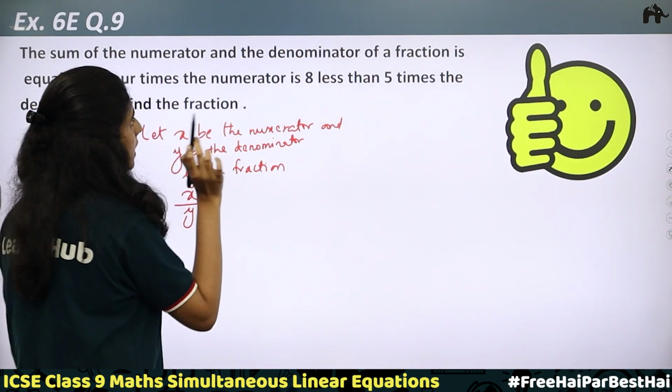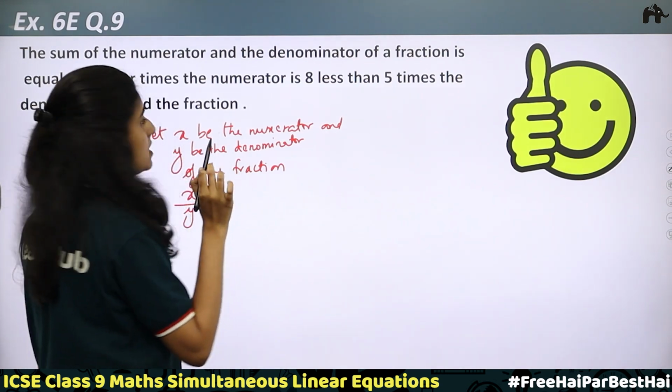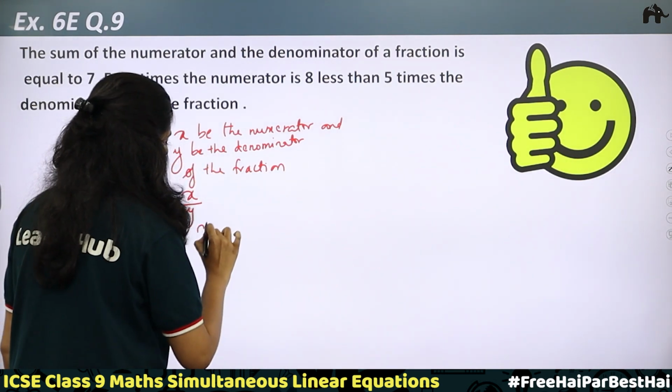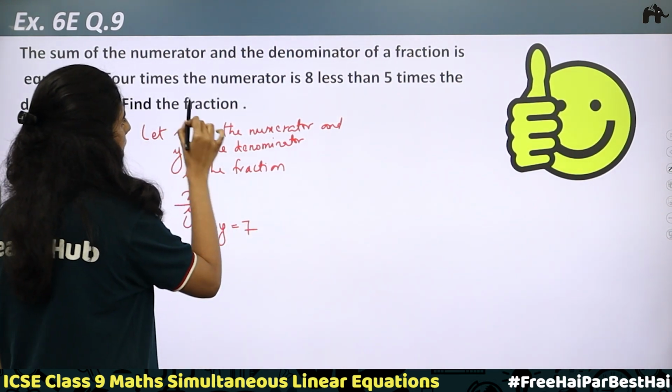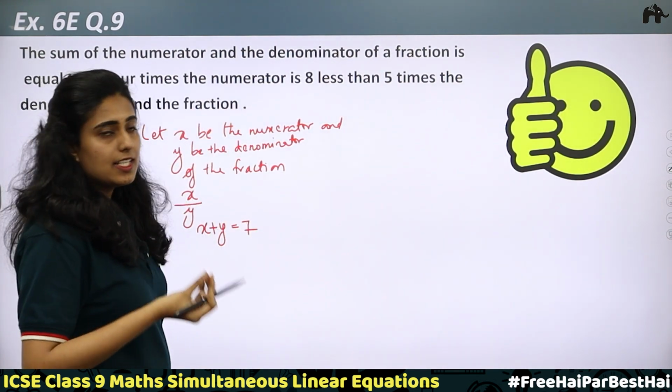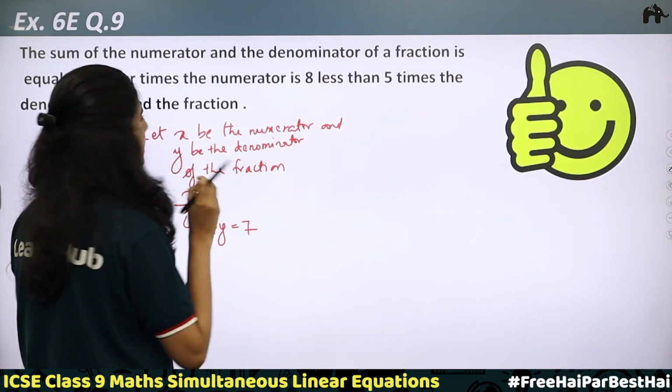The sum of the numerator and denominator of a fraction is equal to 7, which means x plus y is equal to 7. 4 times the numerator is 8 less than 5 times the denominator.